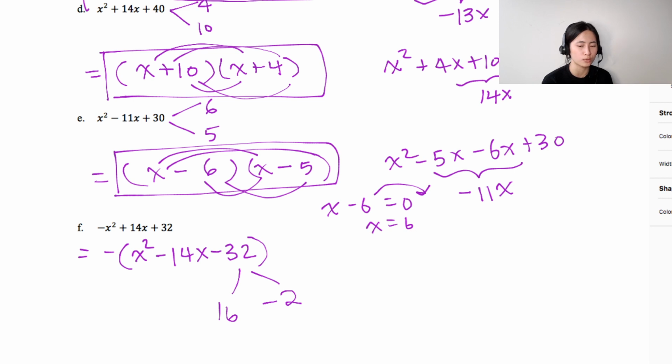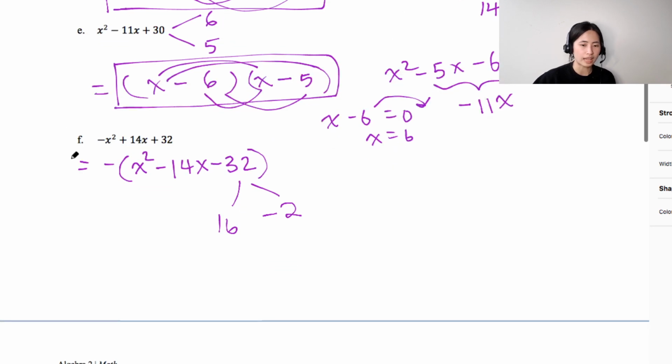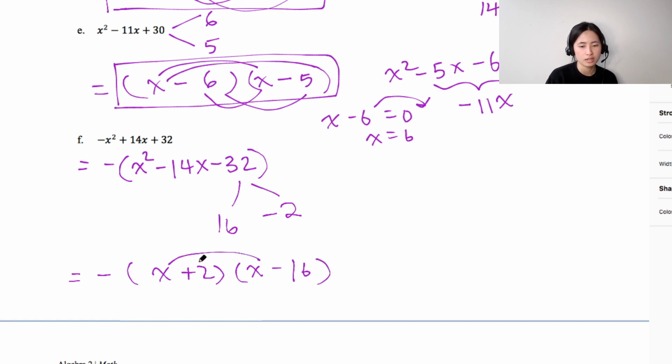So maybe we can use when x is equal to negative 2. And the reason for that is because we wanted to get negative 14x, right? So the only way for us to do that is if we have x plus 2 and x minus 16, because if you start applying the FOIL method, you would get x squared. And first of all, when you multiply x times negative 16, you get negative 16x. And what else?